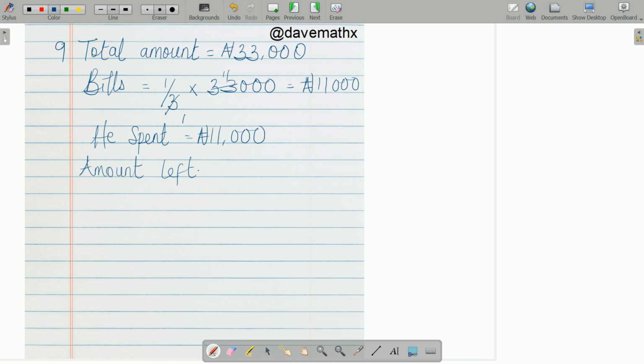Now we're to calculate how much he has left. Then we subtract 11,000 naira from 33,000 naira to get his balance.